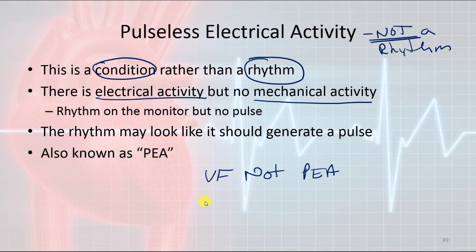What happens if you have, let's just make something up, how about a sinus rhythm at, we'll say, 30 beats per minute. Should this right here have a pulse? Yes, it should. If this does not have a pulse, then the patient is now in a PEA, which is a condition. PEA, not a rhythm.